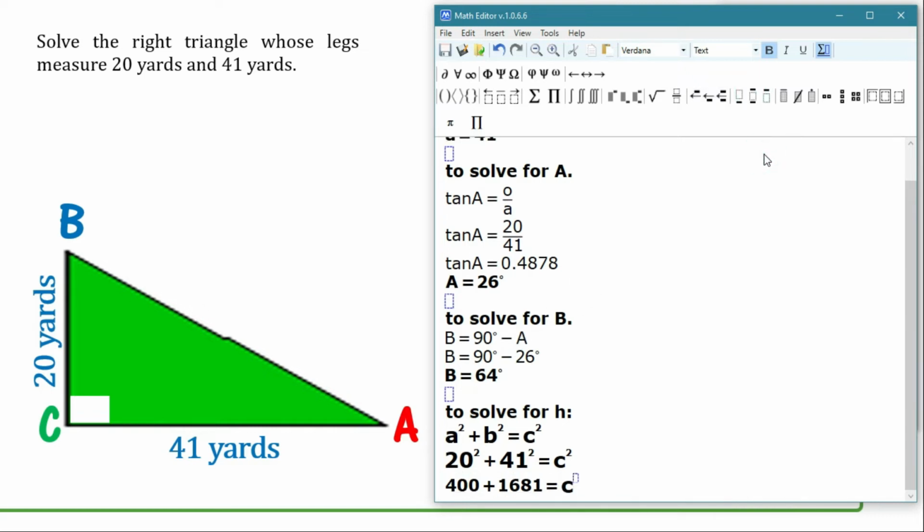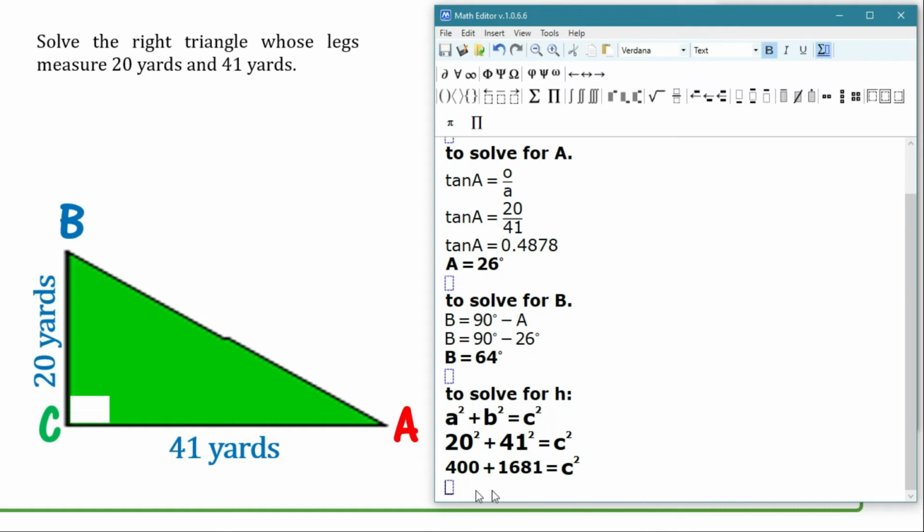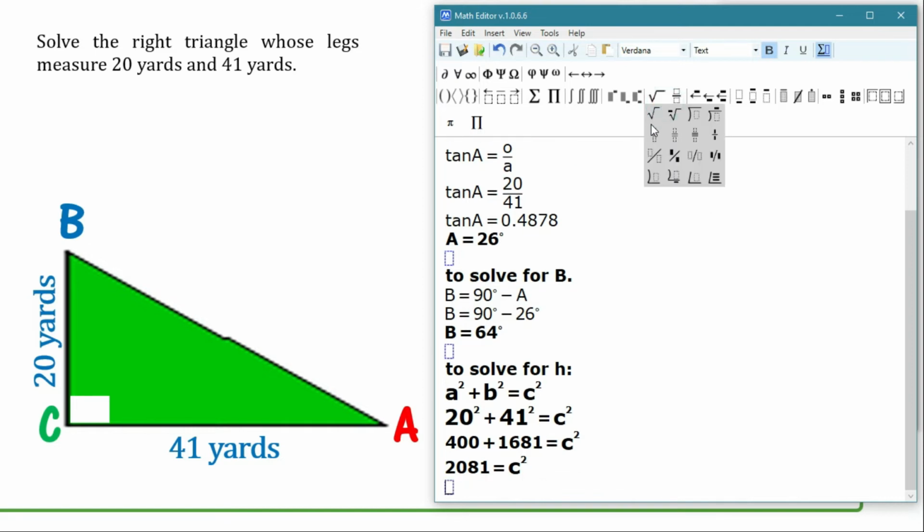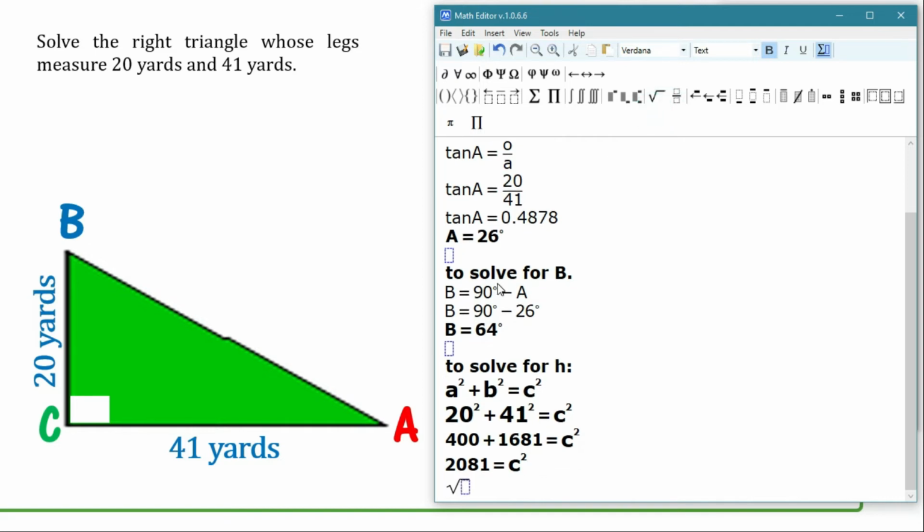Okay? And then, simplifying this one, we have 2,081 equals C square. And for us to eliminate the exponent dun sa kabilang side ng equation, we are to extract the root of both sides. So, that is the square root of 2,081 equals the square root of C square.